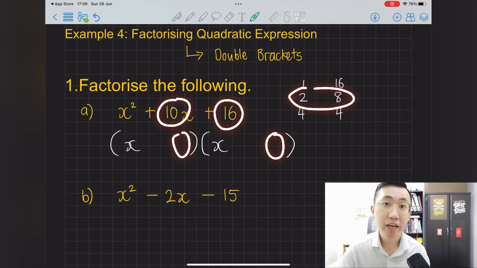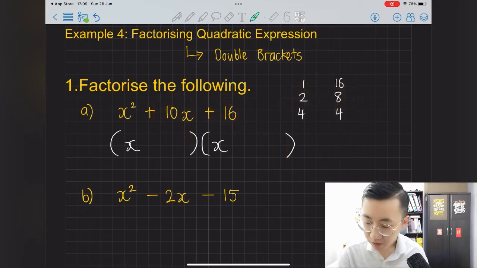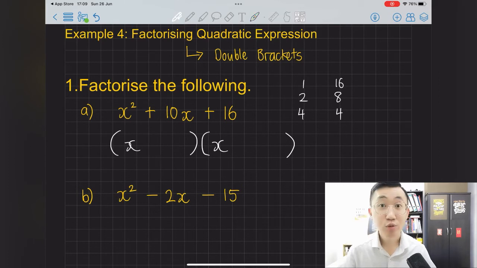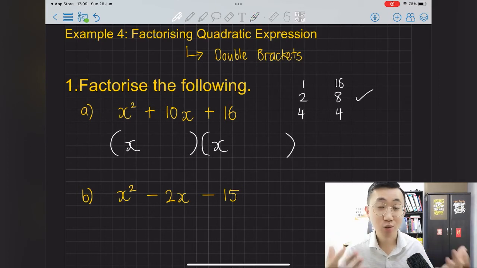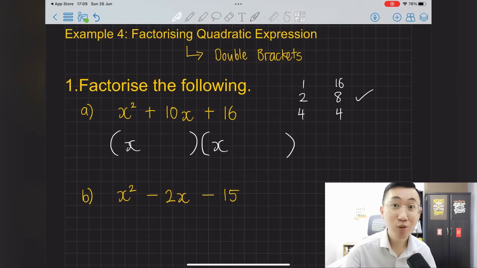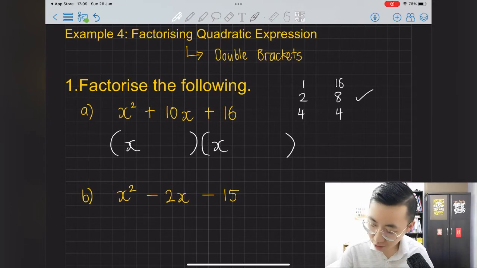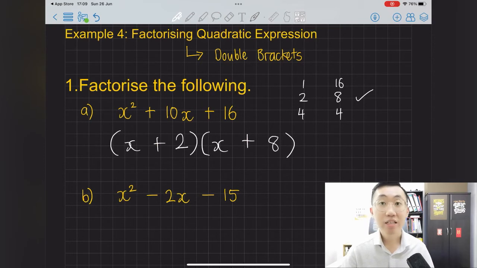I knew that 8 and 2 will get you 10, so I will select the middle option. This one you need to do a lot of practice. Otherwise, you can also use a calculator to check. Perhaps another video for that. So the teacher is going to put 8, 2, and if you see positive, positive, then you just have to put plus and plus. So the answer is this, double bracket factorization.